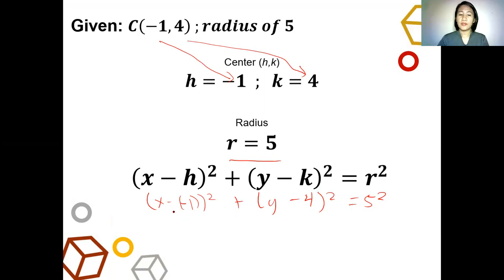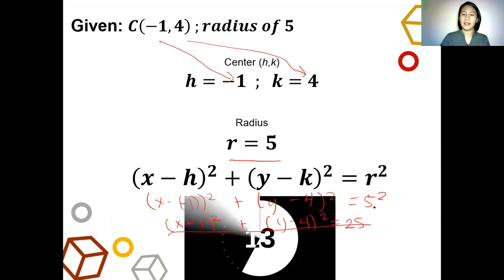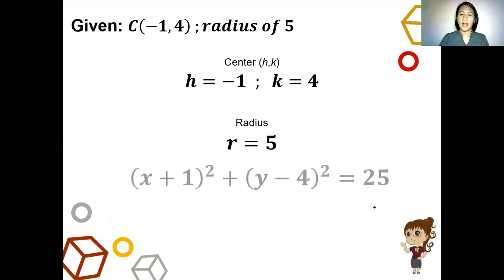Now take note of this. You have x minus negative, so minus negative would actually give us a positive sign. Rules of signs. Then y minus 4 stays, then 5 squared equals 25. So for the final answer, we have (x plus 1) squared plus (y minus 4) squared equals 25.